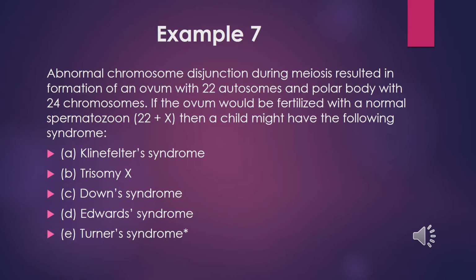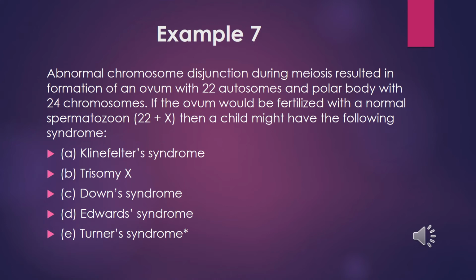Example number 7. This example asks about changes in the amount of chromosomes, and for example shows 22 plus X chromosome, in other words monosomy of the X chromosome. Here it's Turner syndrome. This is the correct answer because only in Turner syndrome is there the X0 position of chromosomes in the organism. Maybe there are some questions about the amount of sex chromosomes.